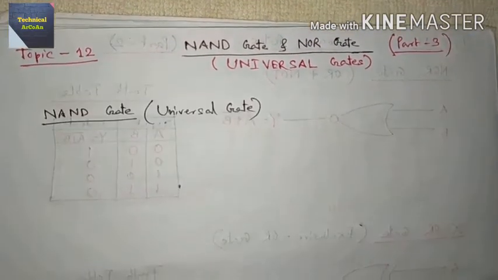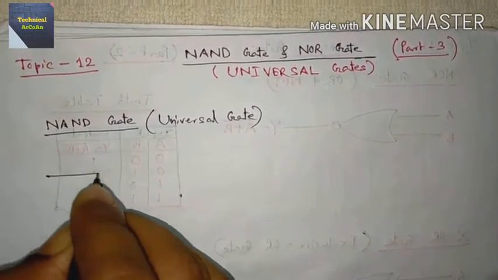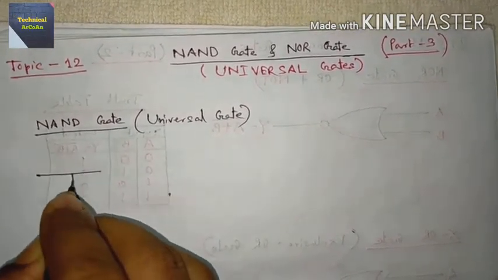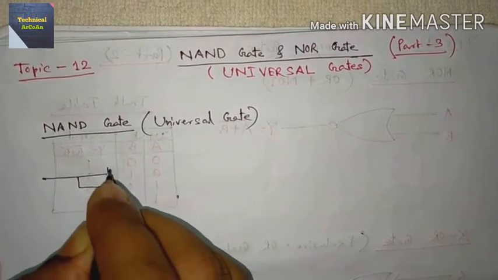Okay. Now here, first, draw the OR gate using NAND gate. Okay. How?